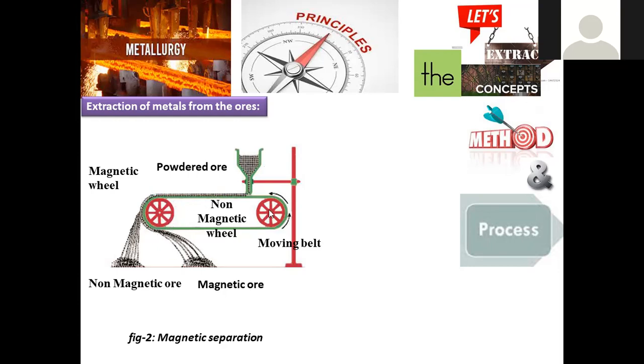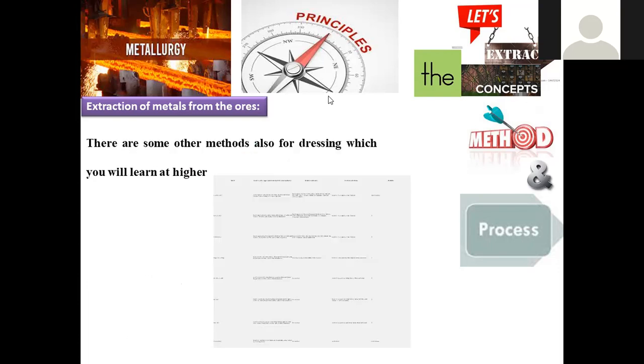These wheels have the provision of magnetism. Because of the magnetic nature of the wheels, magnetic substances get deposited near the wheel, and non-magnetic substances get repelled and are deposited far away from it. This is a system called magnetic separation.